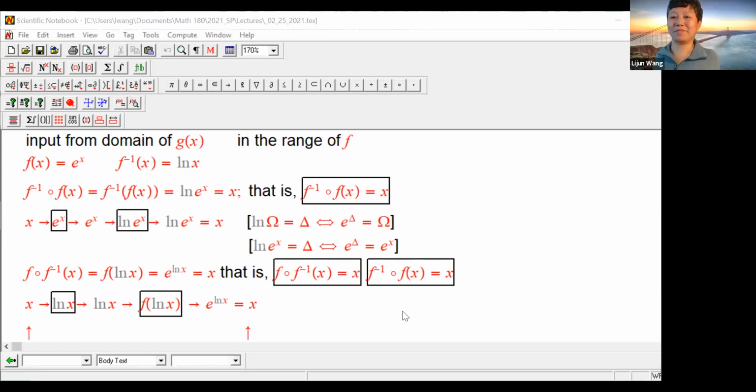Are you done? Yeah. Okay, to understand this process, it's very useful, very important. And these ideas of composition are omnipresent in coding, computer science.